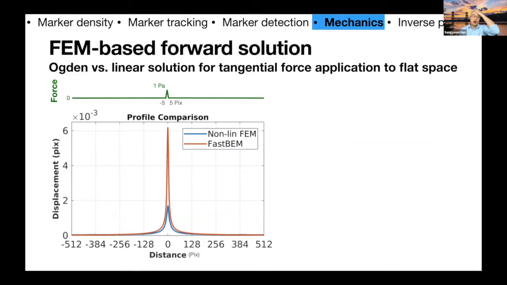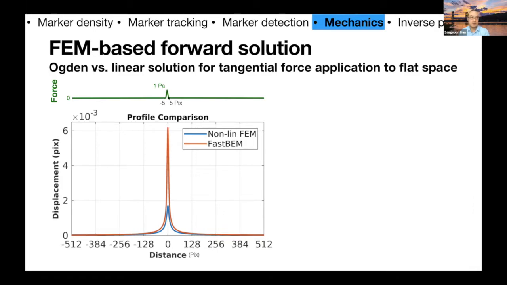I want to show you what this FEM-based force solution is. There is this Ogden versus linear solution for tangential force application. What we did was apply the tangential force. Let's say this is a domain from 0 to 512, and only from -5 to 5, at the center, we gave this pyramidal shape of force.